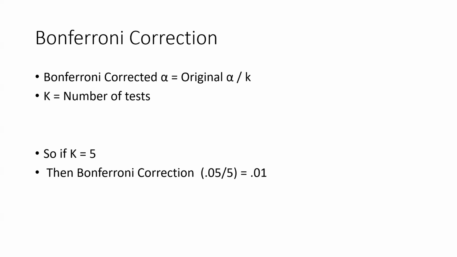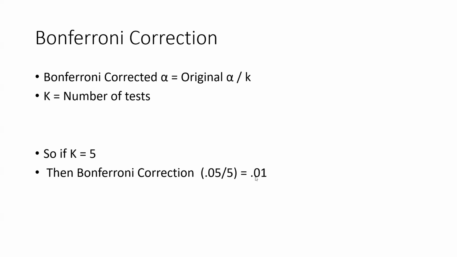And what this would mean would be, instead of using your original alpha value of 0.05, you would instead only find results to be significant based on this figure here. So if you were running 5 tests and your original alpha value was 0.05, instead of using the alpha of 0.05, you would then use the alpha of 0.01.